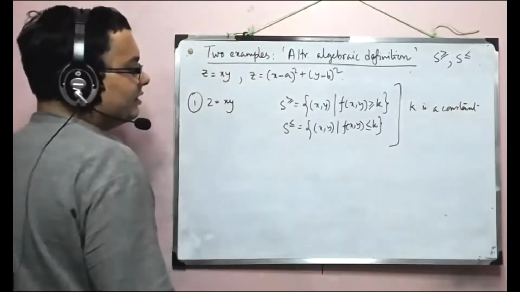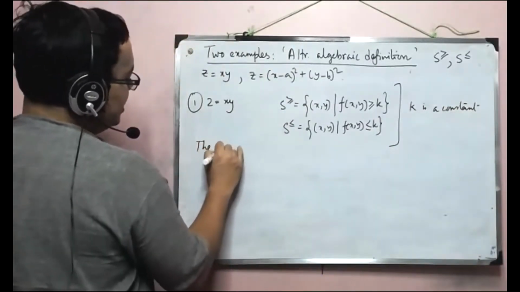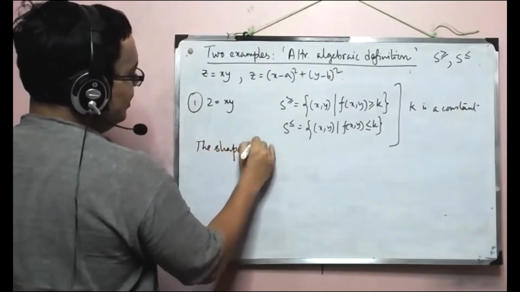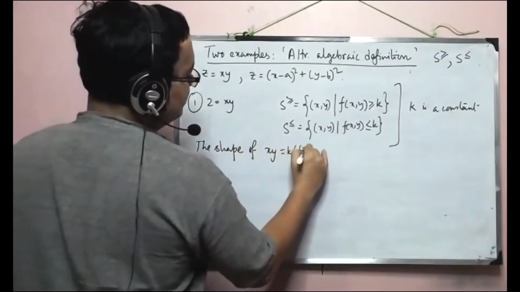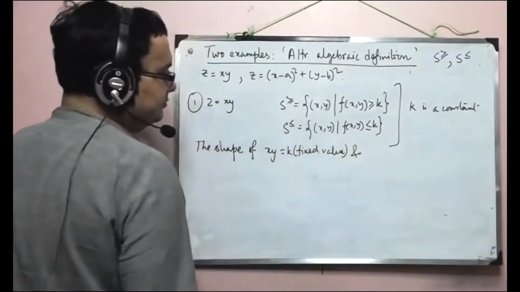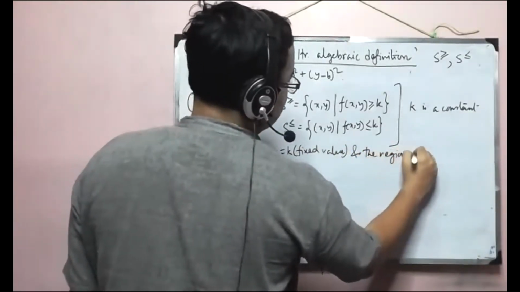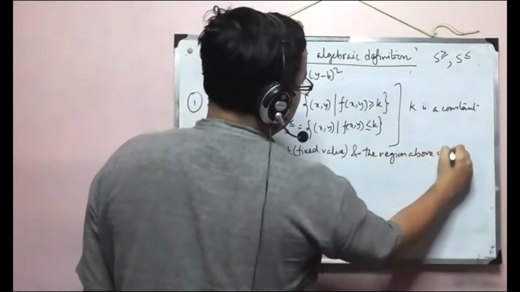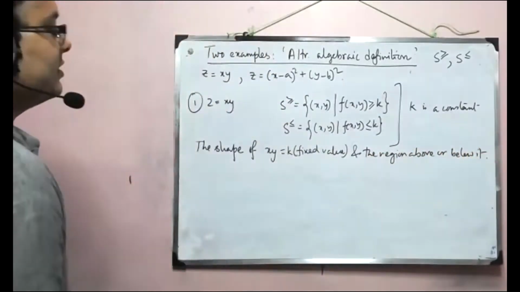So essentially what we are trying to search is the shape of xy equal to k, a fixed value, and the region above or below it. That is what we are trying to search.